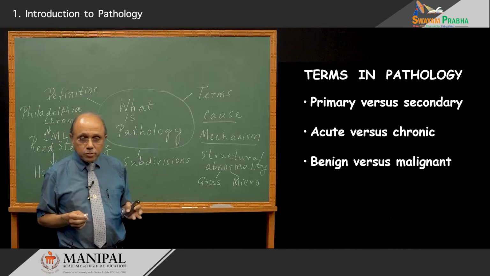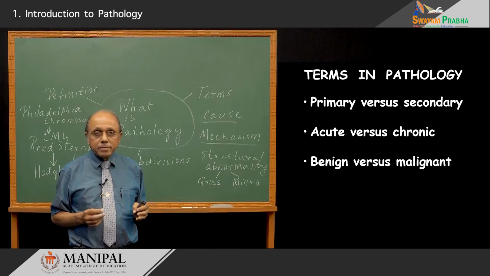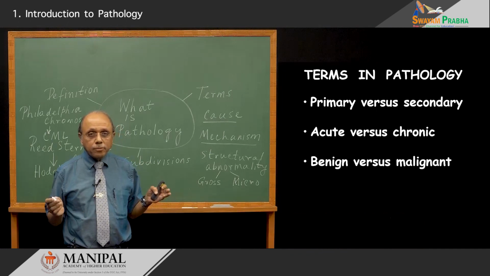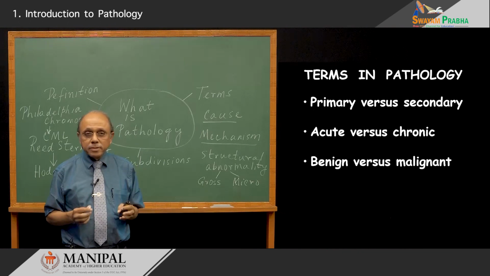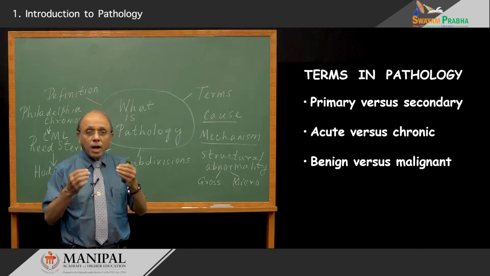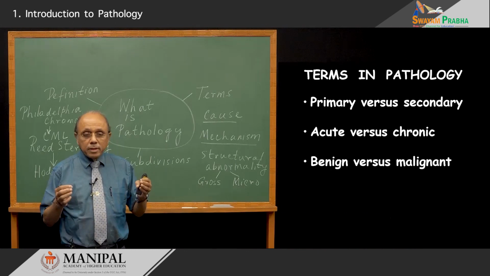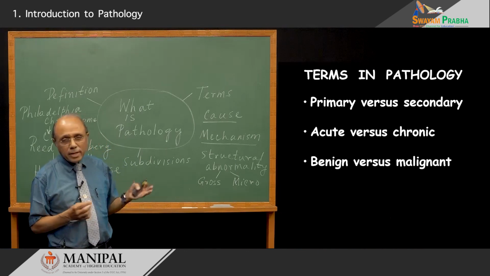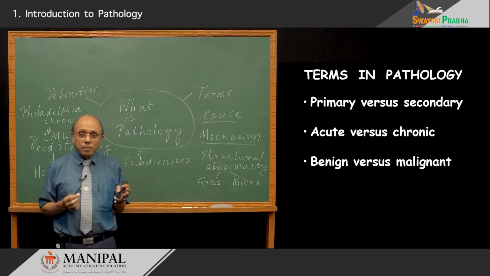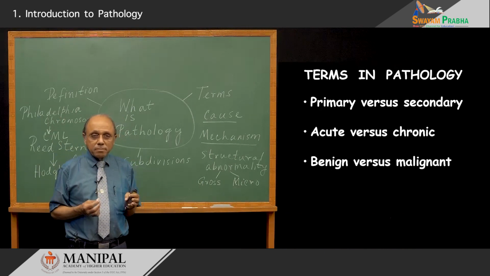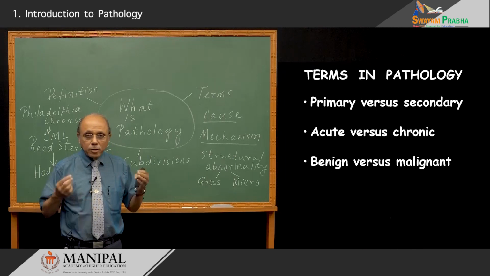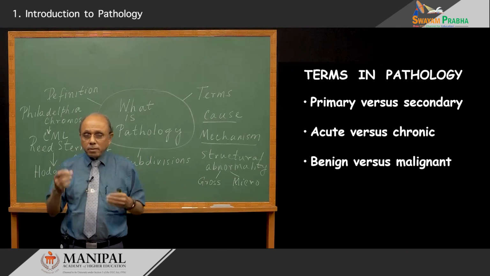We often use these two words benign and malignant in the context of tumors again. Benign tumor is harmless tumor, malignant tumor is tumors which can cause harm. One of the first concerns for any patient when a tumor is diagnosed, the first question that will be asked of a doctor is, is it benign or malignant?